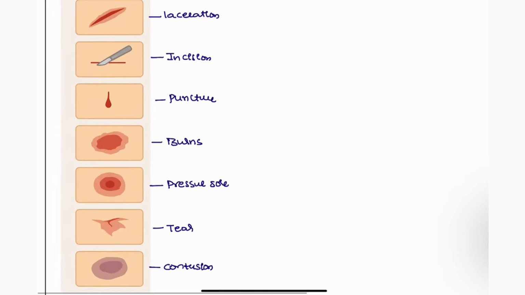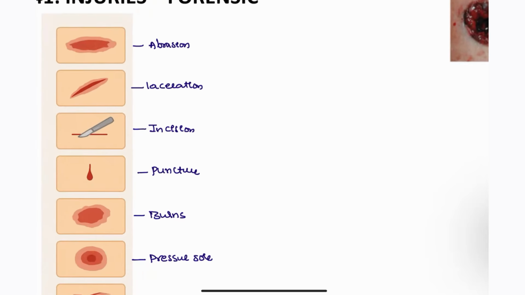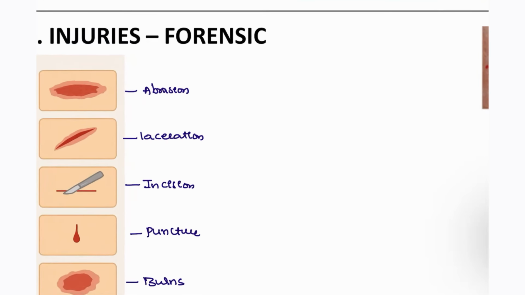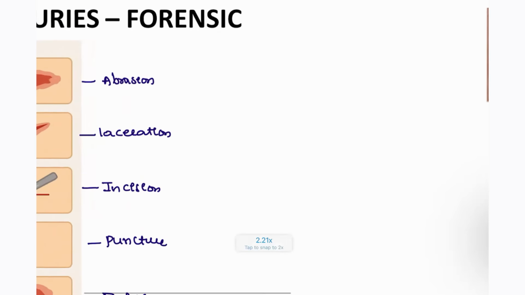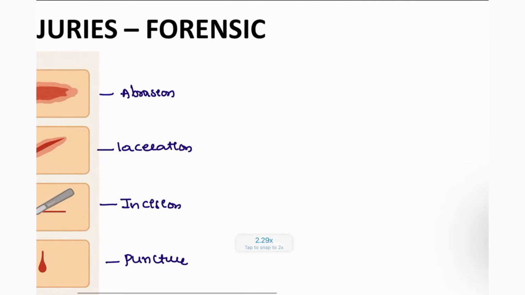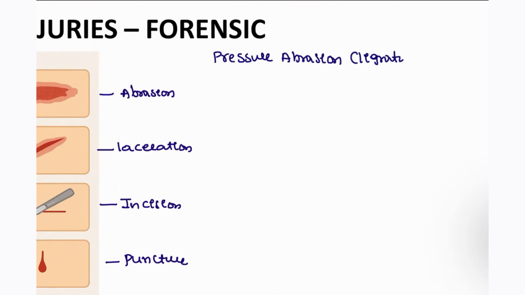Let's see one by one what differences you have to observe in these structures. First, whenever you are seeing an abrasion, it is going to involve the superficial structure. Only the epidermis is going to be damaged. When you see patients having this condition, the common examples are pressure abrasion, which will be associated with ligature marks.